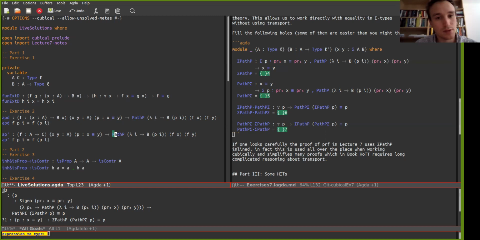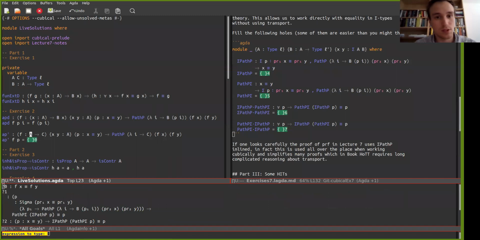Because then, if C is the constant function, right, this will just be sending any I to C of those two guys. But this is actually definitionally the same as the path type.